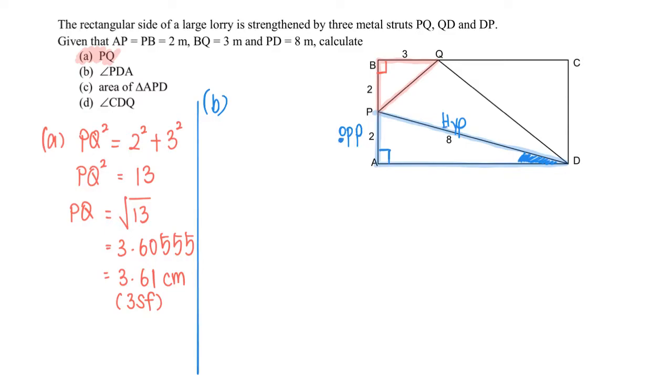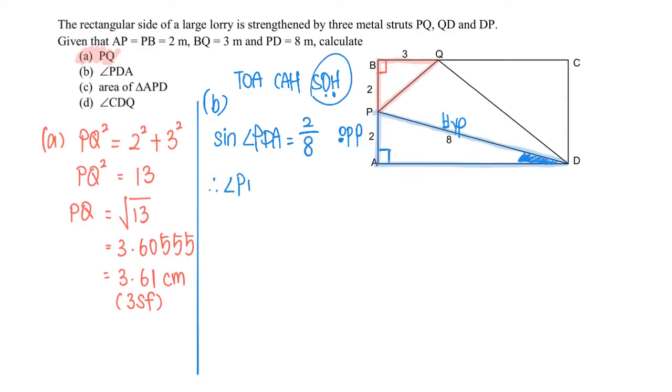O and H. I'm going to choose my SOH, which is sine of angle PDA. Opposite is 2, hypotenuse is 8. So therefore my angle PDA is equals to the sine inverse of 2 over 8.